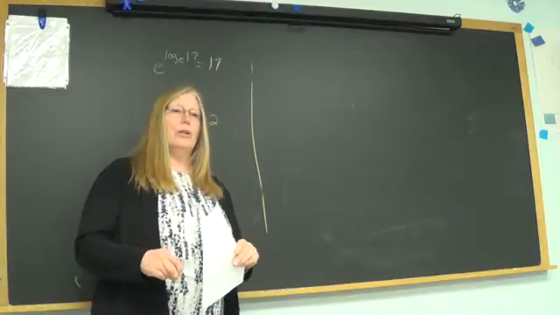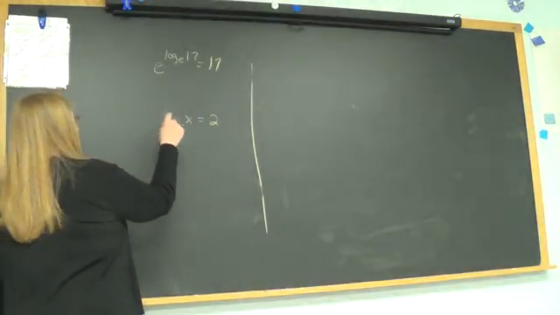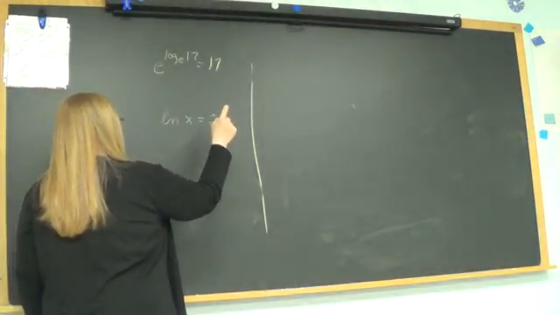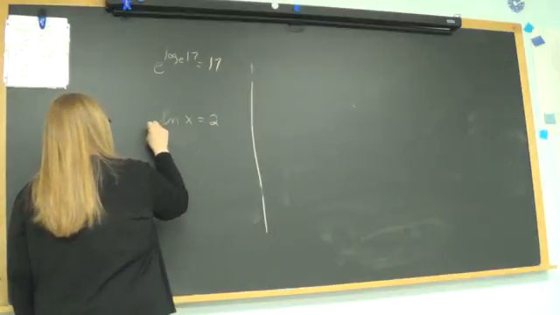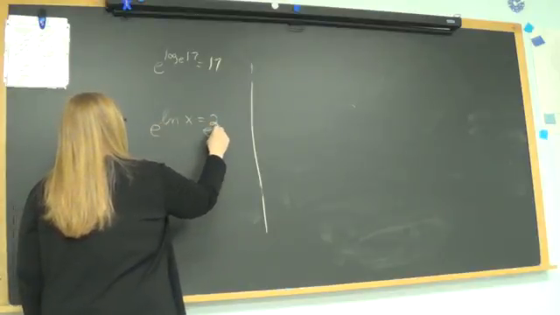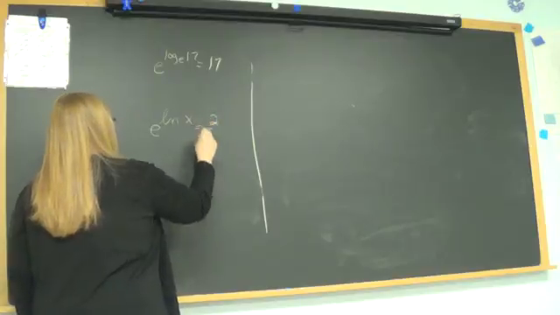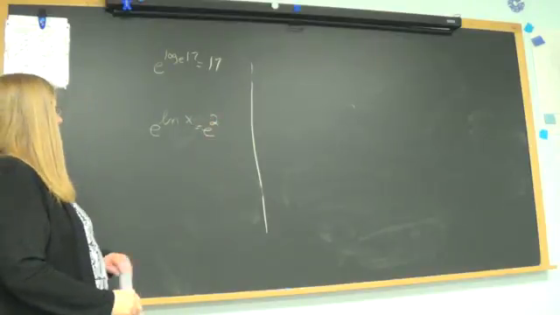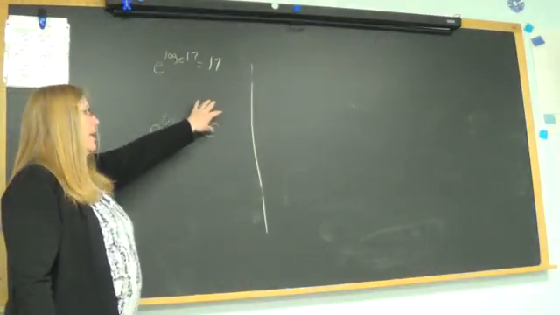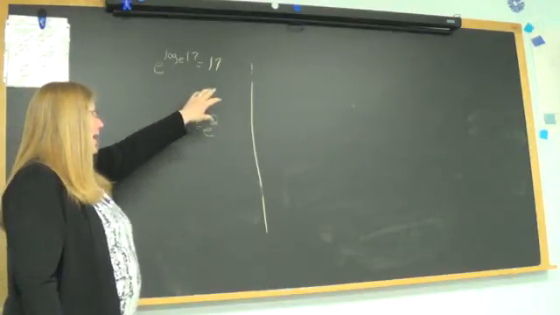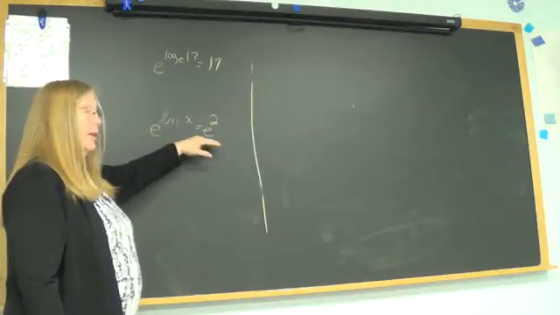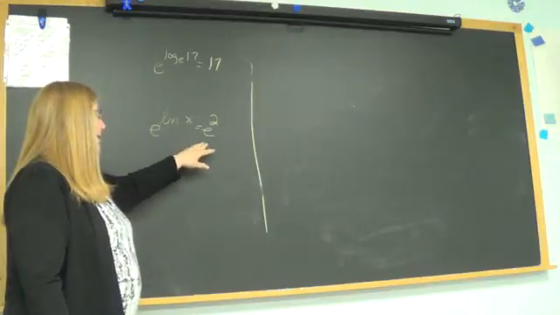I'm going to create an exponent out of this, and an exponent out of this. This is also mathematically sound. I can take two things that are equal and put them into exponents when the bases are alike, and I still have two things equal.